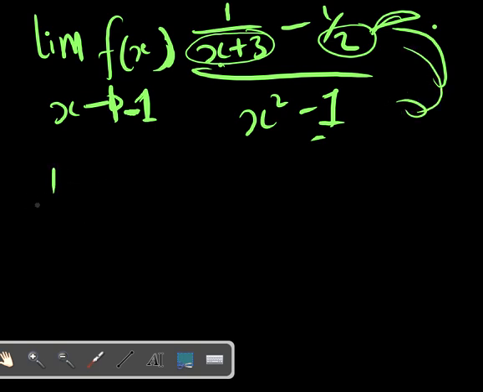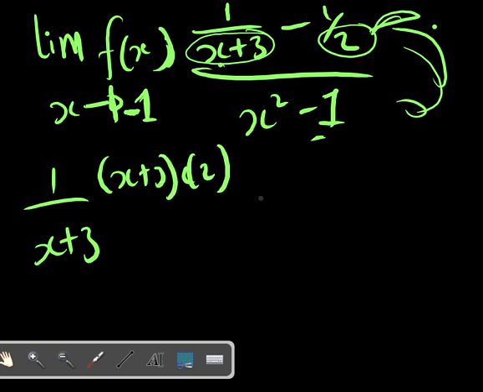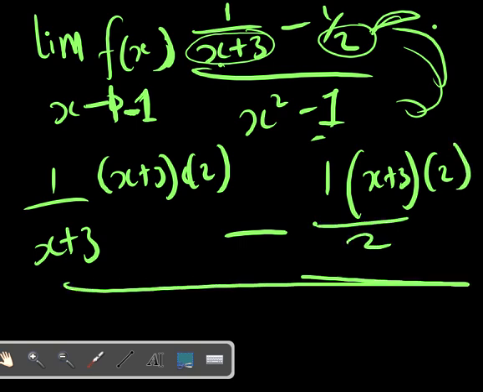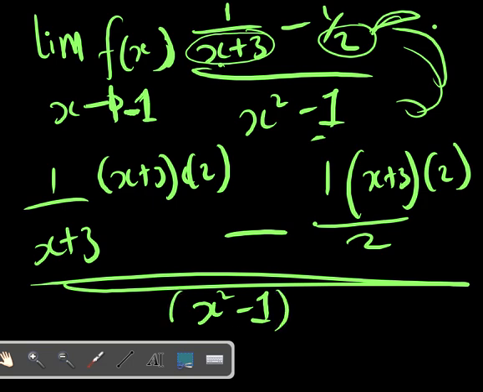We're going to have 1 over x plus 3, with x plus 3 in here and 2, and in the numerator we get 1 times x plus 3, all divided by 2. Then I have my numerator, x squared minus 1, and I'm going to multiply these values by it.